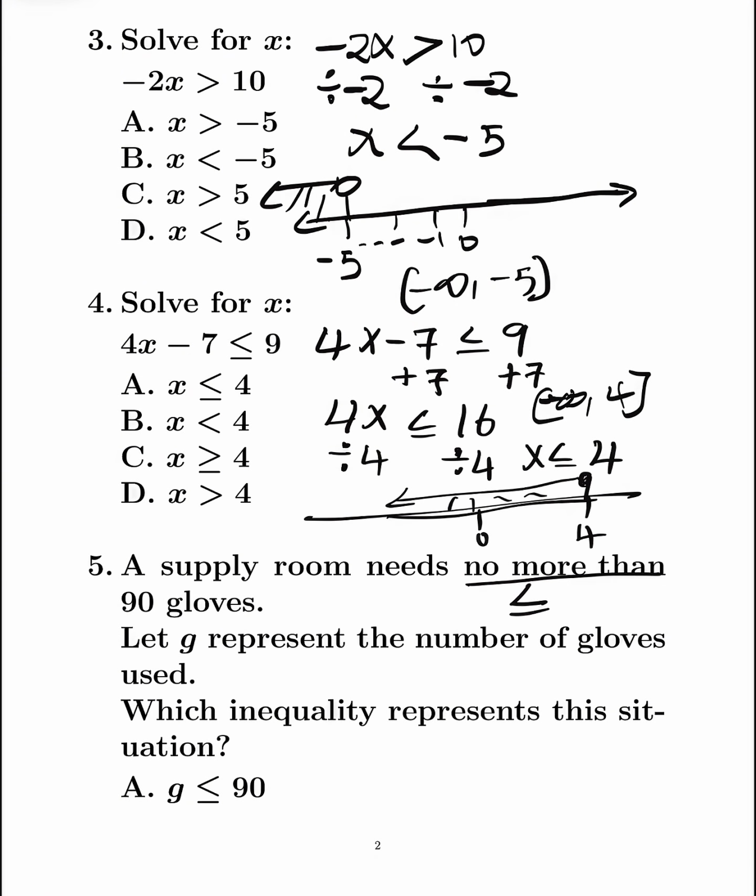So this is just G less than or equal to 90. The answer will just be A. You need to understand this literal saying: no more than is less than or equal to. At most is less than or equal to. At least is greater than or equal to. You need to understand all of that.